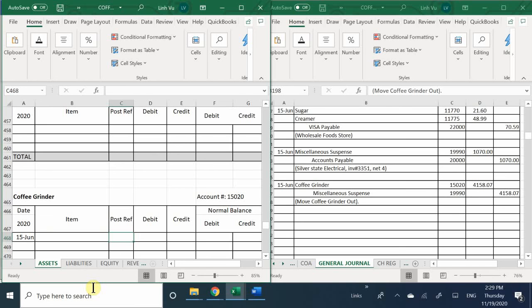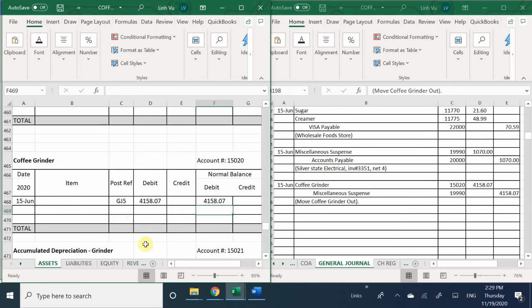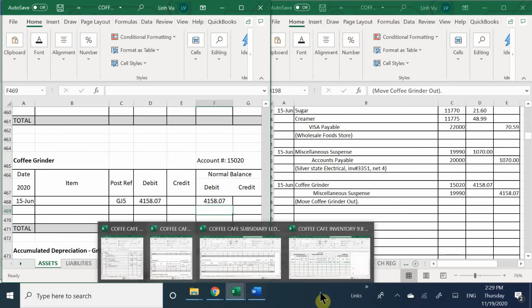Yep. So general journal 5, and it's going to be the debit of the 4,158.07. And then we're done there.